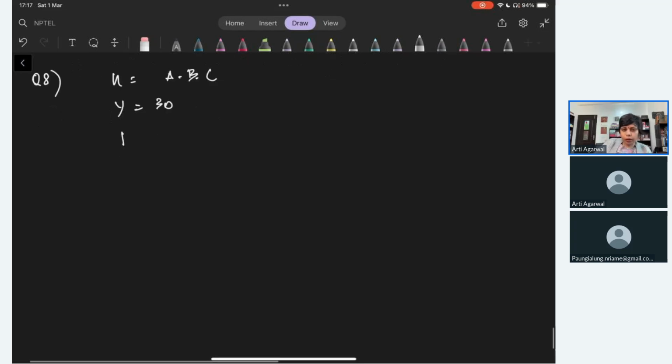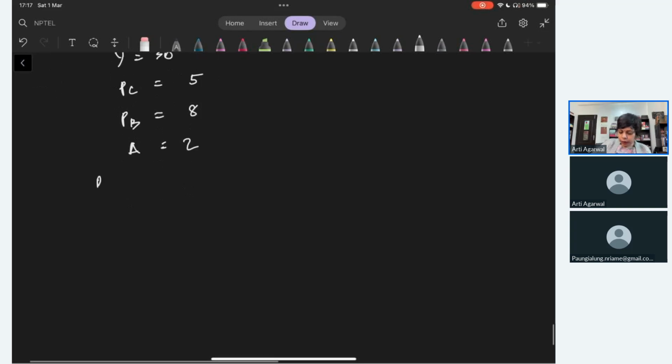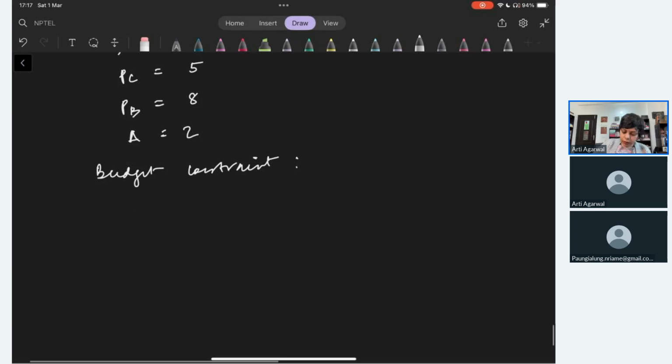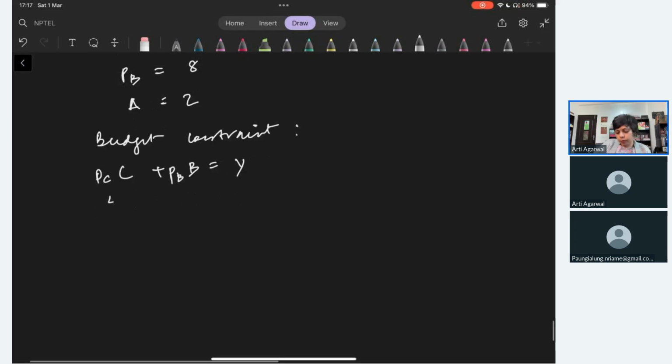Price of the corn is 5. Price of baked potatoes is 8. A is equal to 2. Now we can write the budget constraint: this is PC times C, this is 5C.